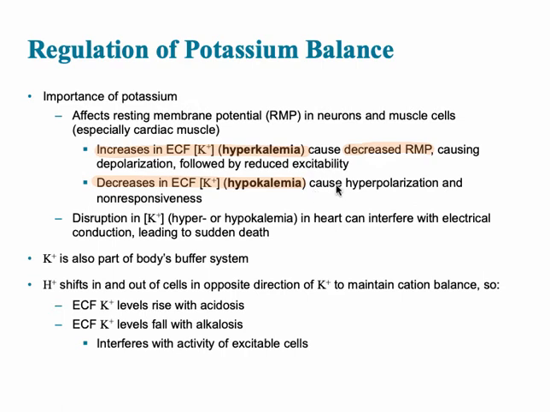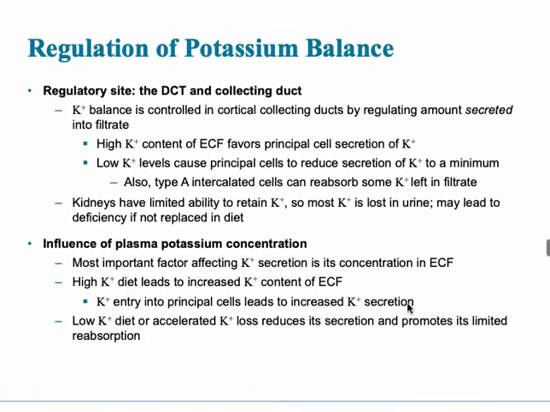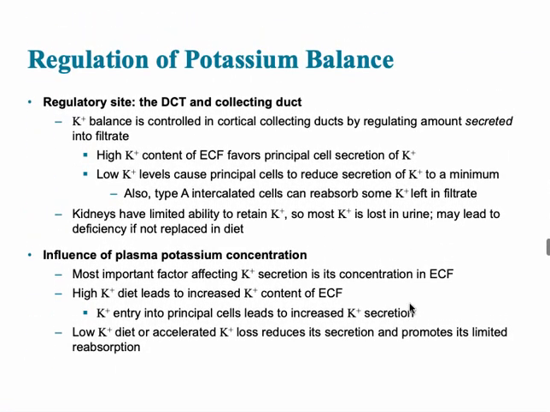So extracellular fluid potassium levels, when they rise, that's associated with acidosis, and a decrease is related to alkalosis, a higher pH. So the regulatory site for potassium is in the distal convoluted tubule and the collecting duct as well.